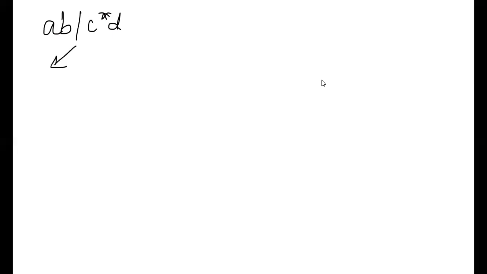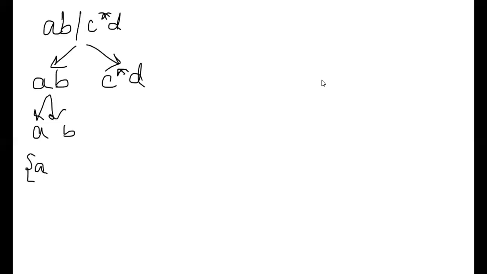First is AB, or C star D. AB also we can break down into A and B. For A, I have the set A, and for the regular expression B, I have the set B. Similarly, if we look at the other part, this can be divided into C star and D.